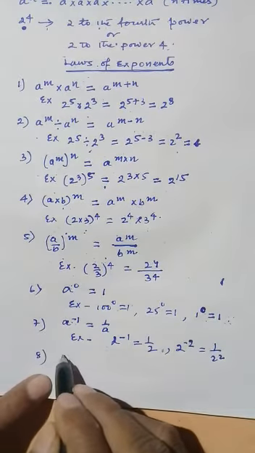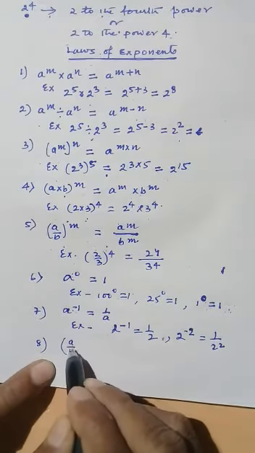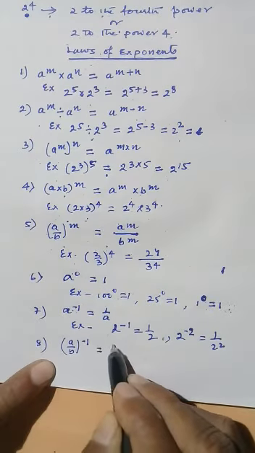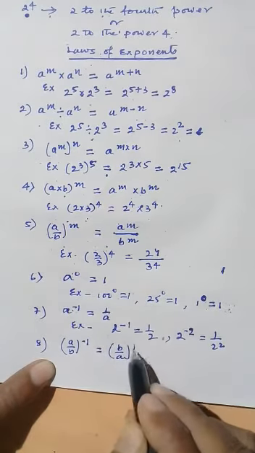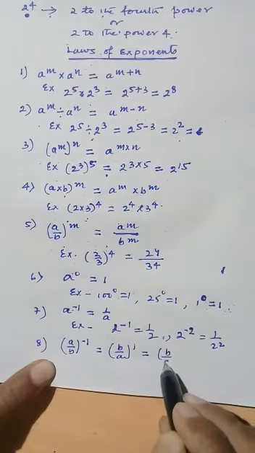Number 8: a by b, whole to the power minus 1, will be just the reciprocal. It will be b by a to the power 1, or simply we can write b by a.